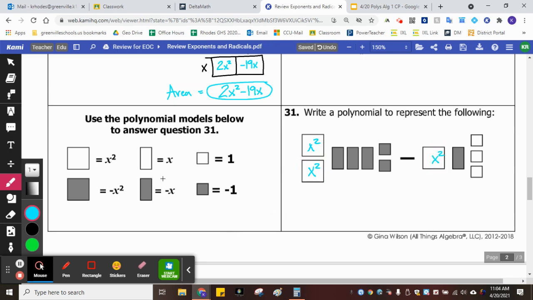This dark rectangle is negative x, negative x, negative x, negative x. The dark little square is negative 1, and the little white square is a positive 1.